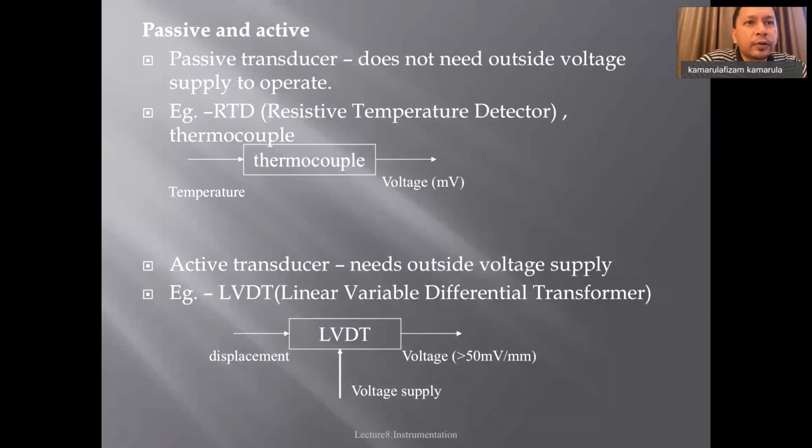A passive transducer is a transducer that does not need any outside power supply in order to operate, for example the RTD. In this case, without the presence of a power supply, for example a battery, you can still observe a reading.